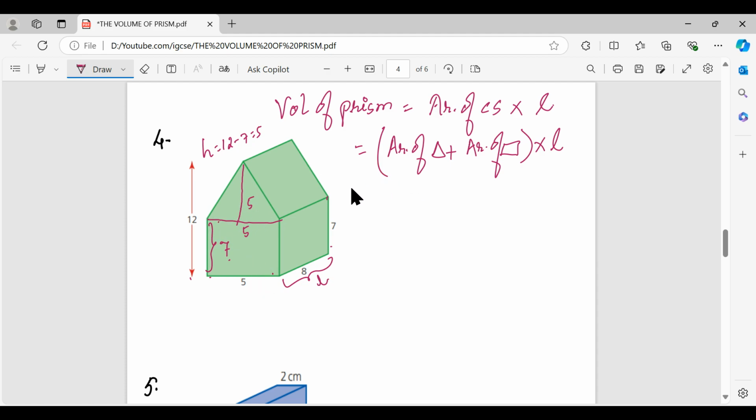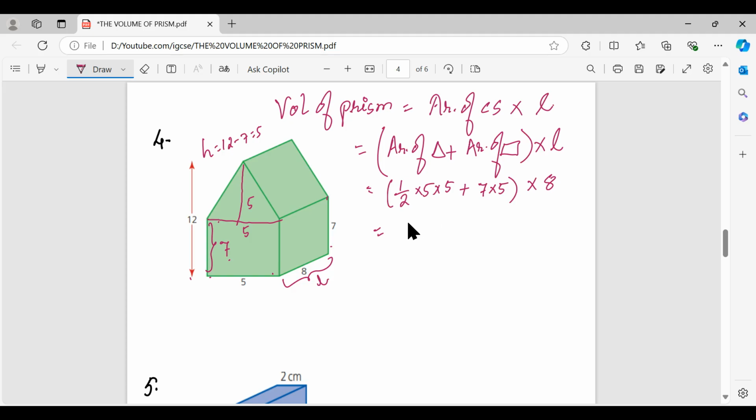So we can write the area of the triangle as half base times height, plus the area of the rectangle as 7 times 5, and times 8. I hope this is clear to everyone.